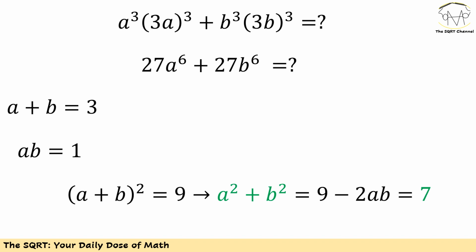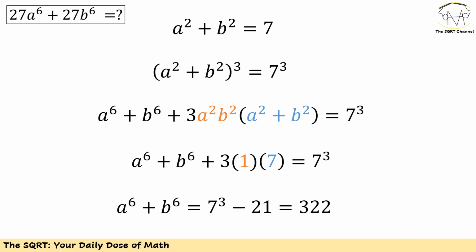And then when you have ab, you can find a squared plus b squared. You're going to see that in green, and I see that a squared plus b squared is going to be 7. This is good. We are going to use it to find a to the power of 6 plus b to the power of 6.